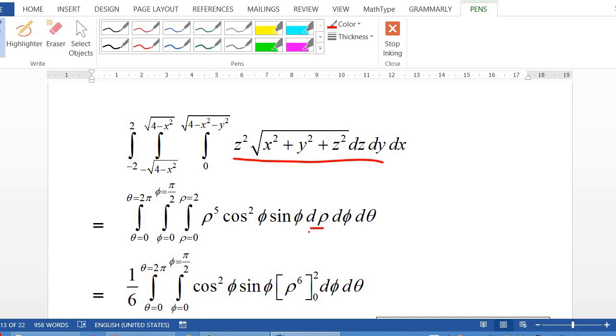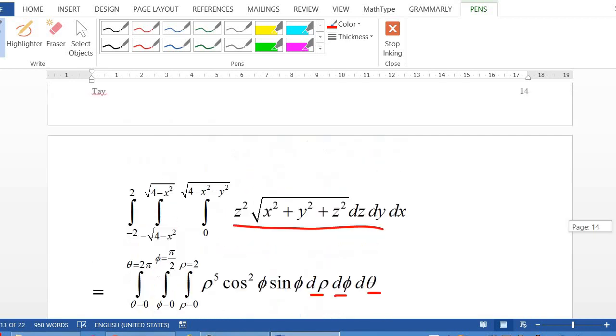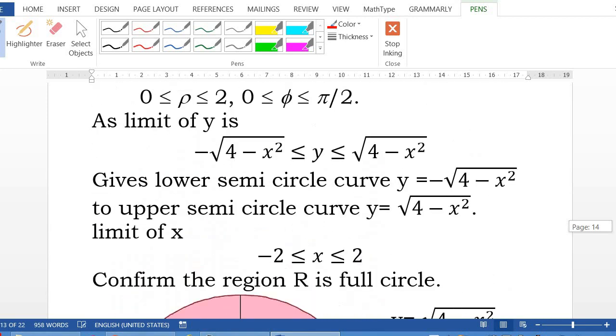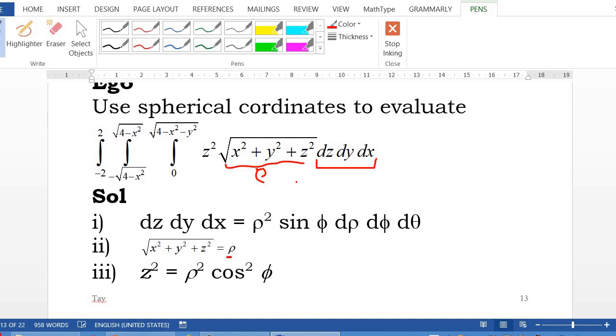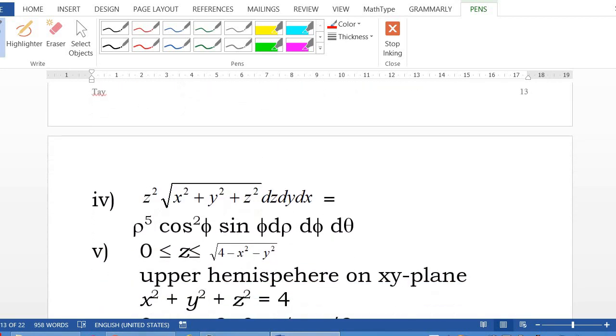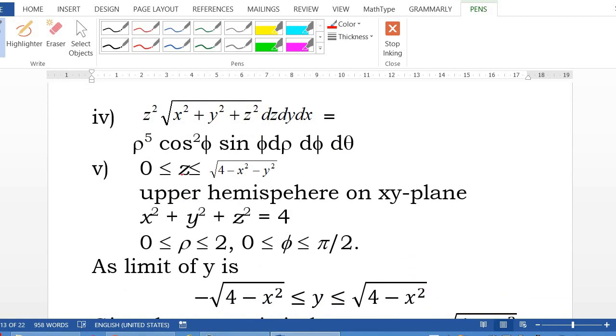So how to determine the limits for rho, phi and theta? To determine the limit for rho, normally you need to find your sphere. From the limit for z, 0 to square root of 4 minus x squared minus y squared, this one is the lower limit of z and upper limit of z.